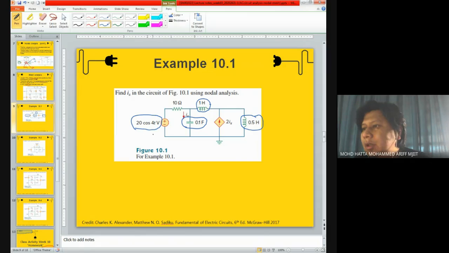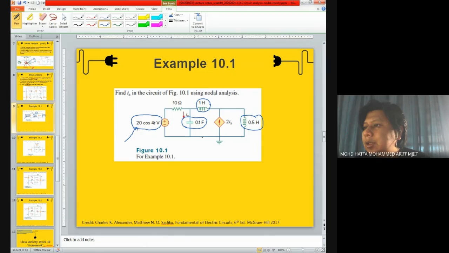You should also note that your voltage source is given in a time domain value. How do you know? Because we have this kind of sinusoid equation. From there, we know that this is in the time domain. The components themselves have also not been converted into frequency domain values.